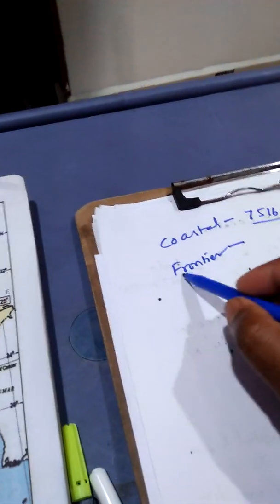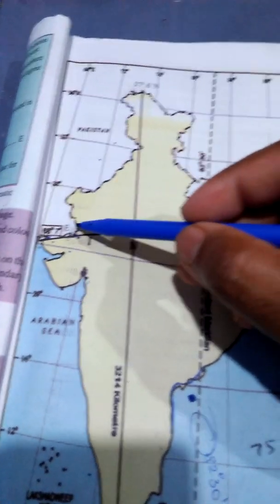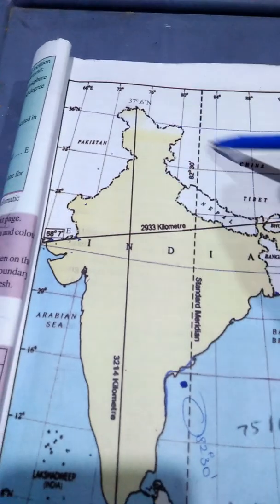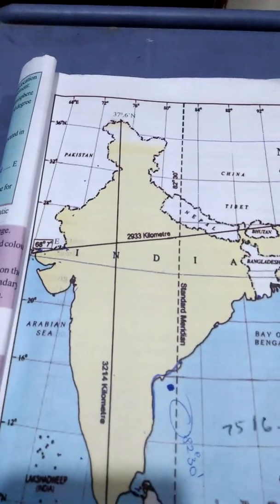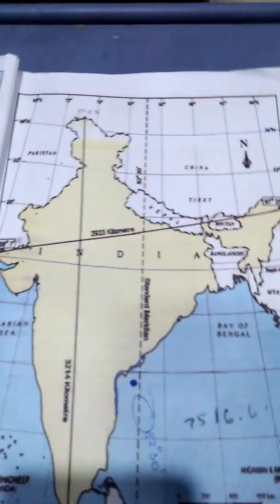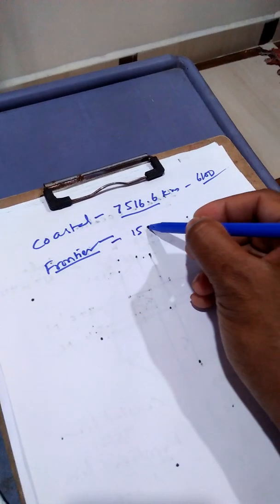Now we will see the frontier line, meaning which has a boundary with land and which has a boundary with water. Coastal means water, frontier means land. It starts from Rajasthan and goes up to Tripura. This is about 15,200 kilometers.